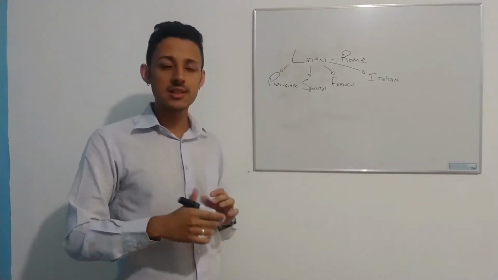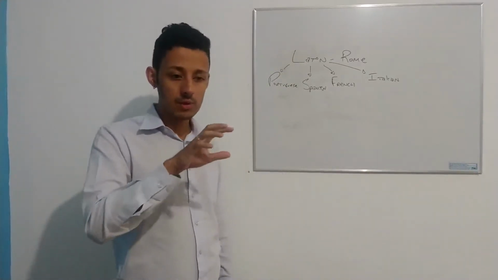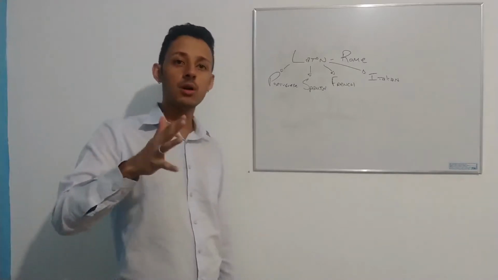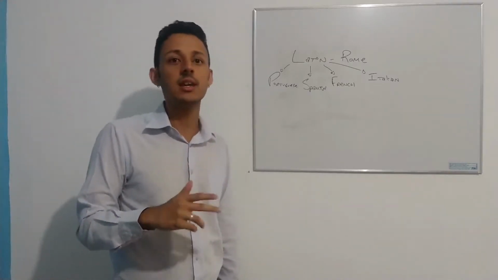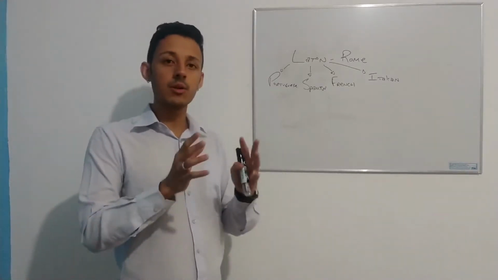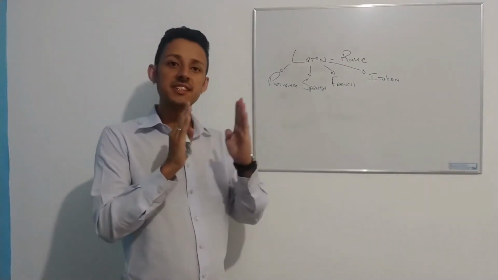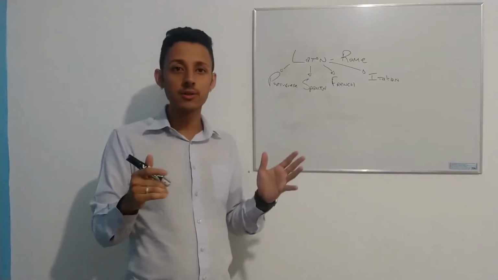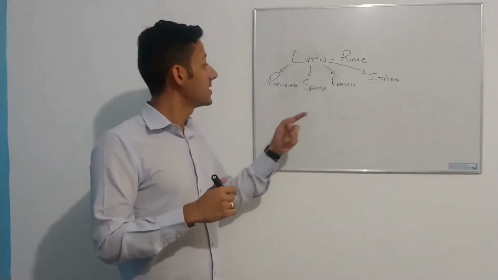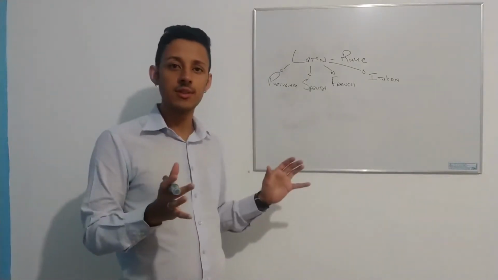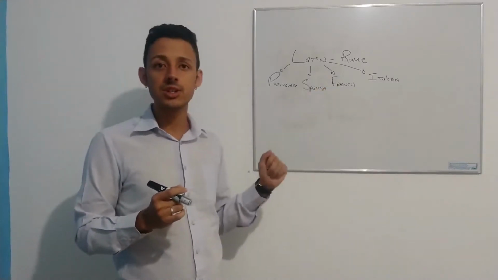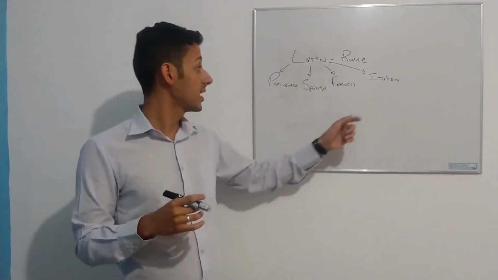So Portuguese, when we write or when we read, is more or less irregular, because it comes from Latin, but the distance is important. Spanish, the same thing. French, the same thing.